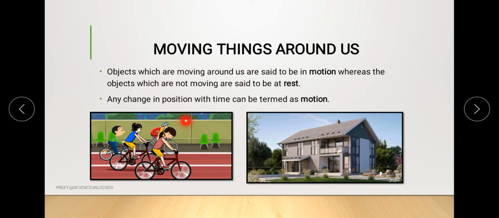In any situation, if with passing time the object is changing its position, then it is considered as motion. So anything which is moving is considered a moving object because it is changing its position with time.